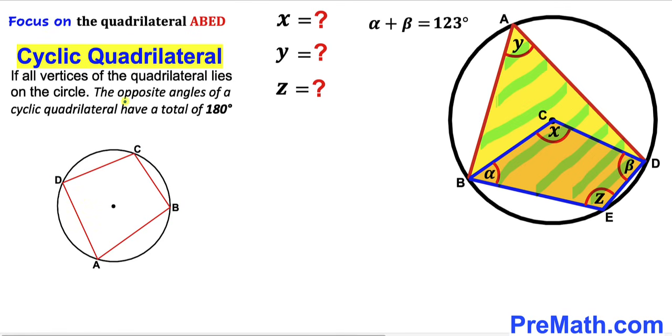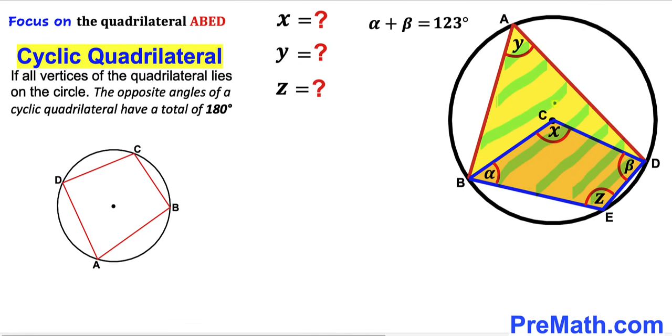Furthermore, the opposite angles of a cyclic quadrilateral have a total of 180 degrees. So this angle and this angle add up to 180 degrees, and likewise these two opposite angles add up to 180 degrees as well.